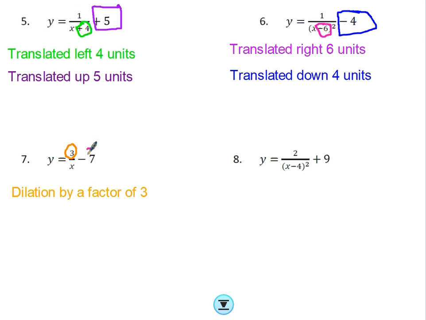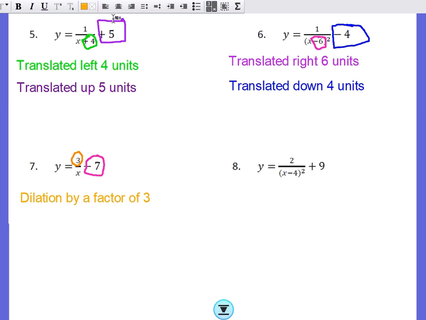And then here, minus 7. That is our k. So just like number 6, that is translated down, but this time 7 units.